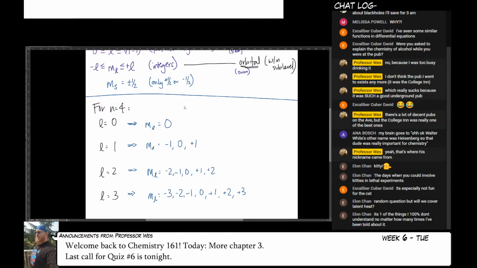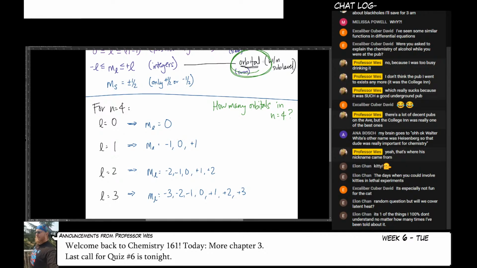Now, the next thing that we want to do is ask ourselves this question. In the entirety of n equals 4, how many different places can electrons be? How many orbitals are there? And the answer to that is, remember that M sub L is an orbital, right?